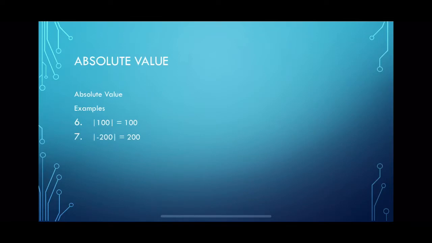Number 7, the absolute value of negative 200 is equal to 200, so 200 units away from the origin 0 on the negative side. Number 8, the absolute value of 3,000 is equal to 3,000, 3,000 away from the origin 0. Number 9, the absolute value of negative 4,000 is equal to 4,000, 4,000 away from the origin 0 on the negative side. And number 10, the absolute value of 1 million is equal to 1 million, 1 million away from the origin 0.